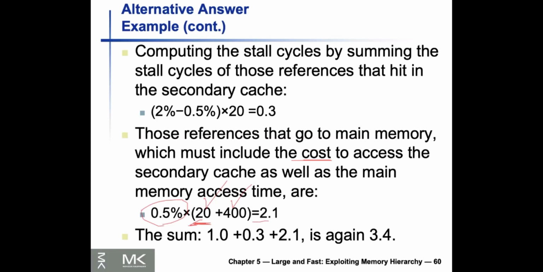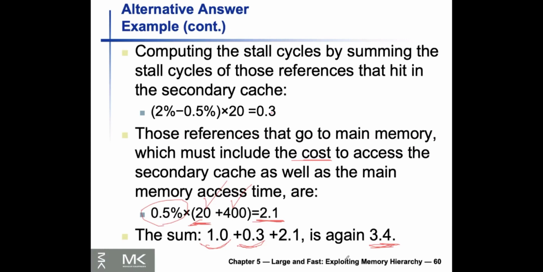It will give me 2.1 as a CPI. Now adding 2.1 to that 1 plus 0.3 of those hit time is going to give again 3.4. So we moved up from the hit access time again, right? This is like two cases of the scenario, which way you want to go.